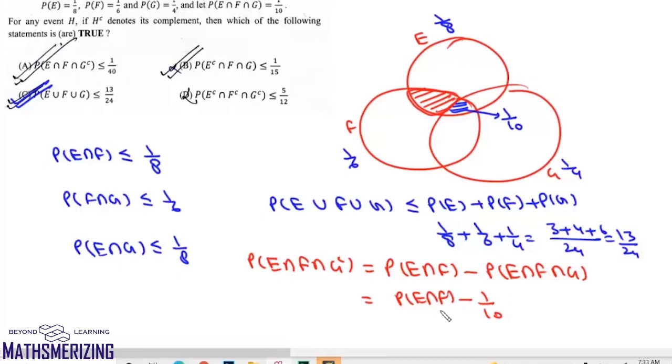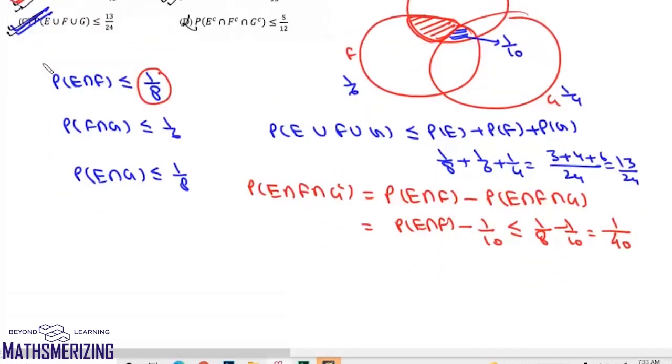Now we know that probability of E intersection F is always less than or equal to 1 by 8, so its maximum value is 1 by 8. So it will always be less than or equal to 1 by 8 minus 1 by 10, which is 1 by 40. That means this option A is also correct.